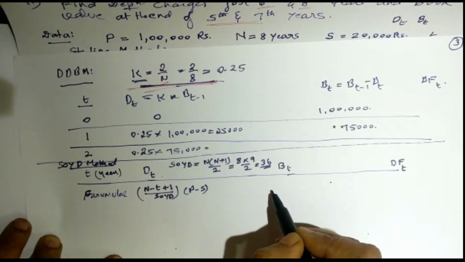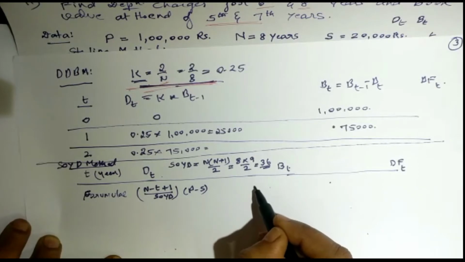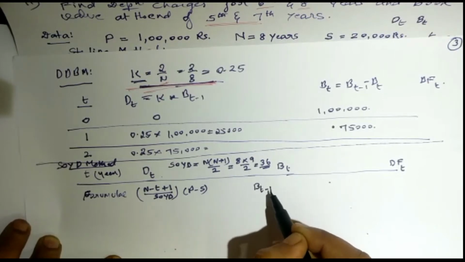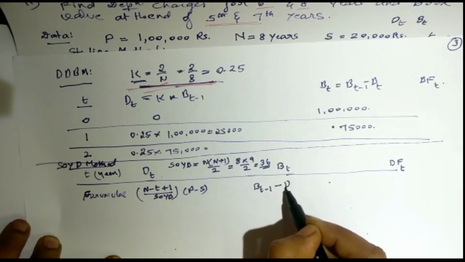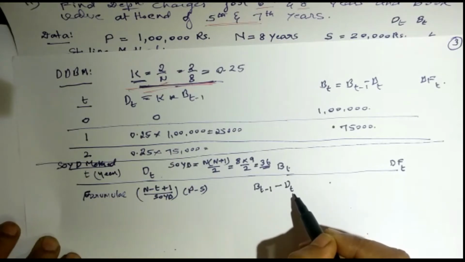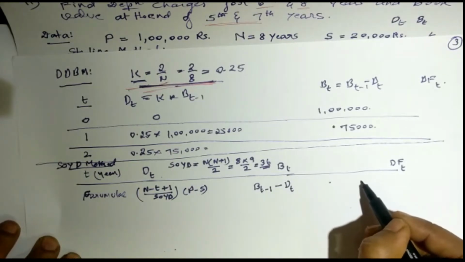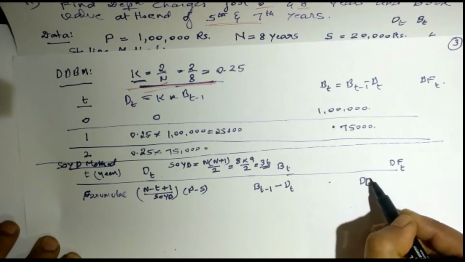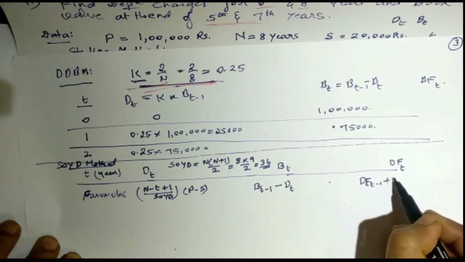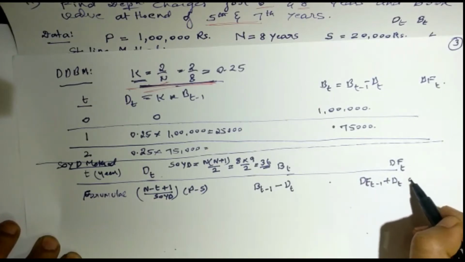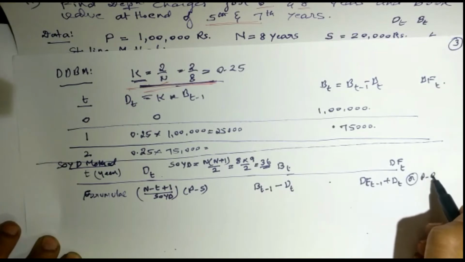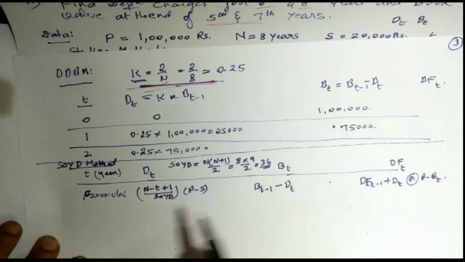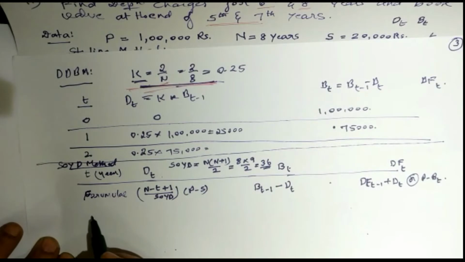Next comes BT. I already told you, with a table there is no headache at all. Previous book value minus depreciation during that year. And depreciation fund is depreciation fund of previous year plus depreciation charges for that year, or P minus book value of that year.